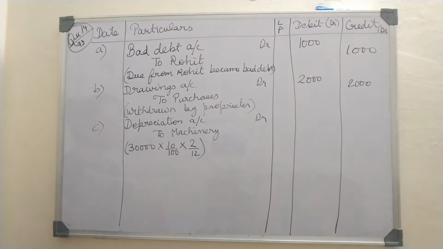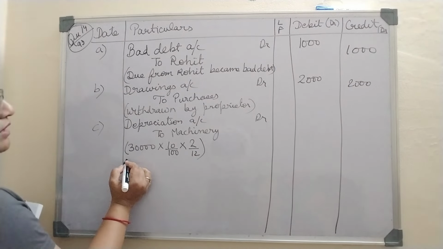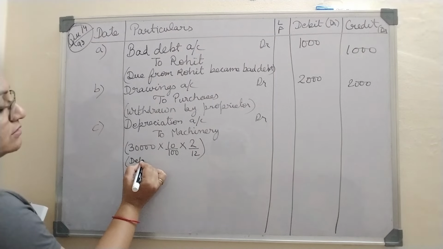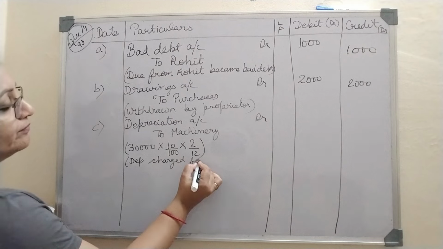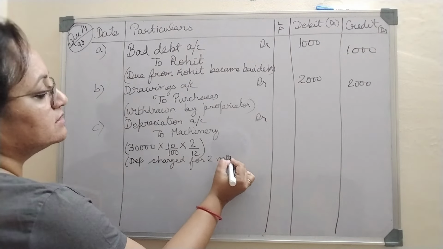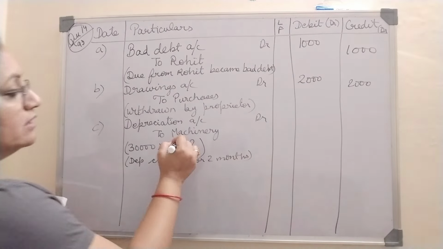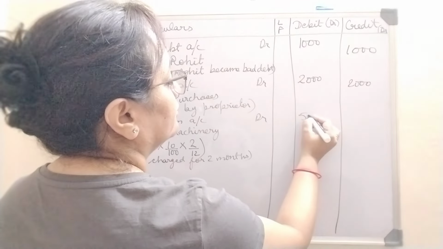So this is the method to calculate the amount. First of all, find out the 10% of 30,000, then multiply it by 2 upon 12. 2 months means 2 upon 12. So depreciation charged for 2 months, when you calculate this, it will come to 500.